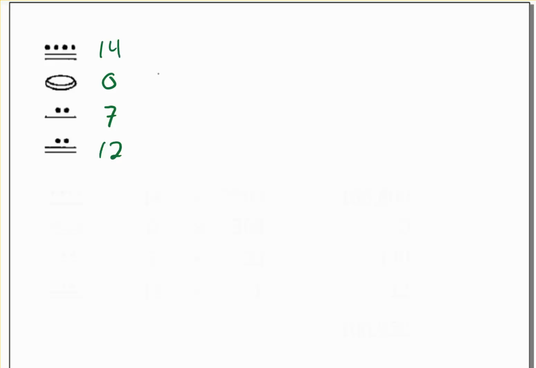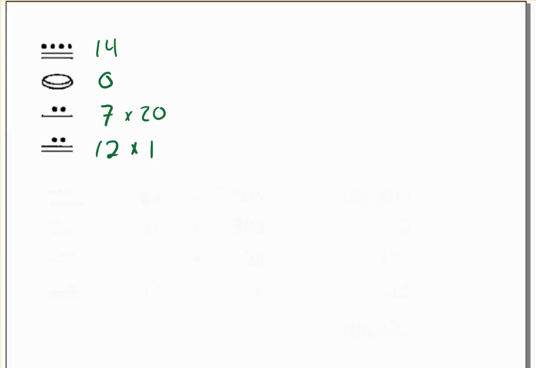But again, those don't just represent those numbers. This is 1s, this is 20s, this is 18 times 20, and this is 18 times 20 squared. So once you get a couple of places past in Mayan, they represent some large numbers.